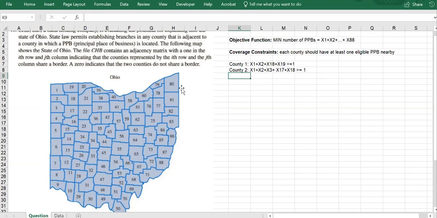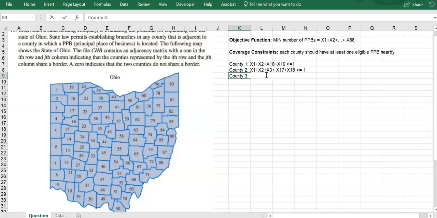We're going to do it for one more county, number 3. County number 3 can be covered if you have a PPB in 3, or if you have a PPB in 2, or if you have one in 17 or 4. All the counties that actually share a border with 3.